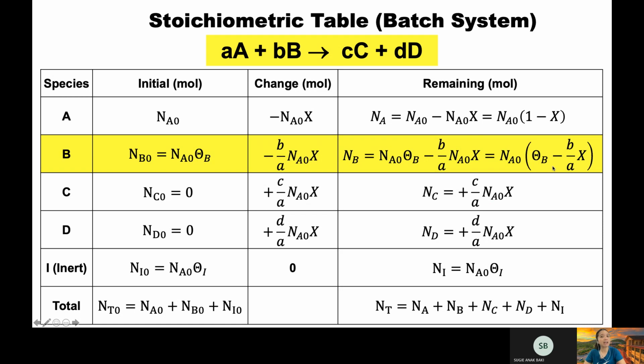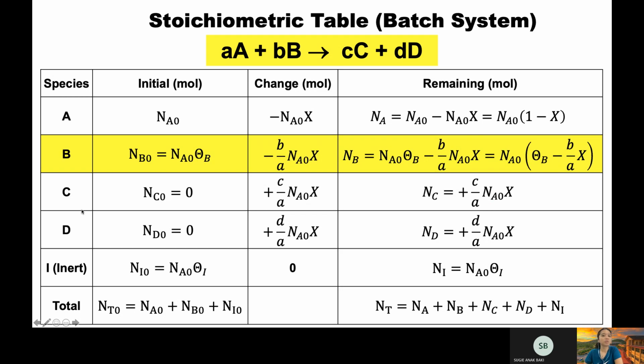So sekarang I can express my NB in the form of NA0 in bracket theta B minus B per A X. Okay, so I understand kalau nampak macam simbol ni susah, looks complicated. Tapi later bila kita ganti dengan nombor, sebenarnya dia dah tak jadi susah.